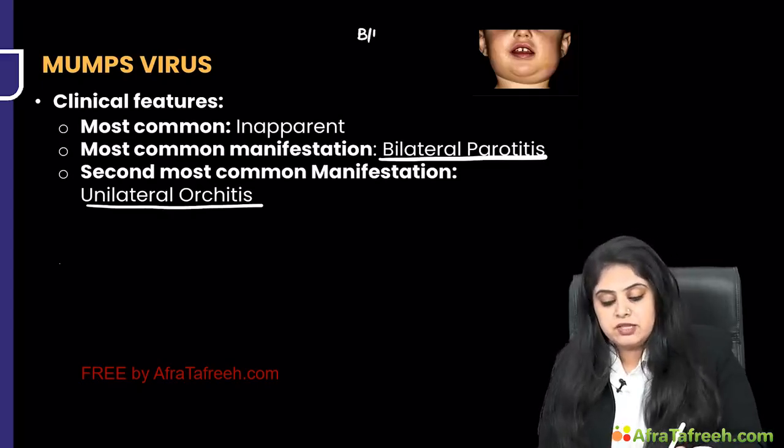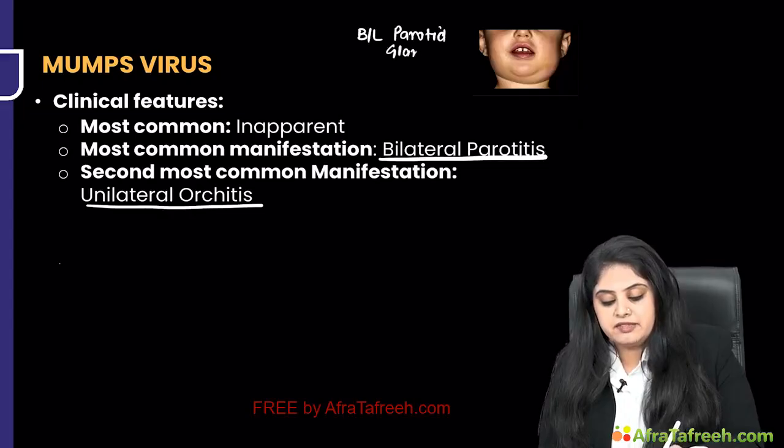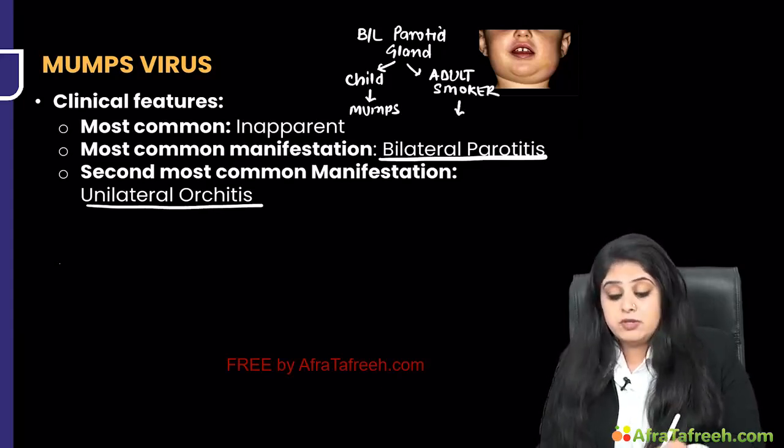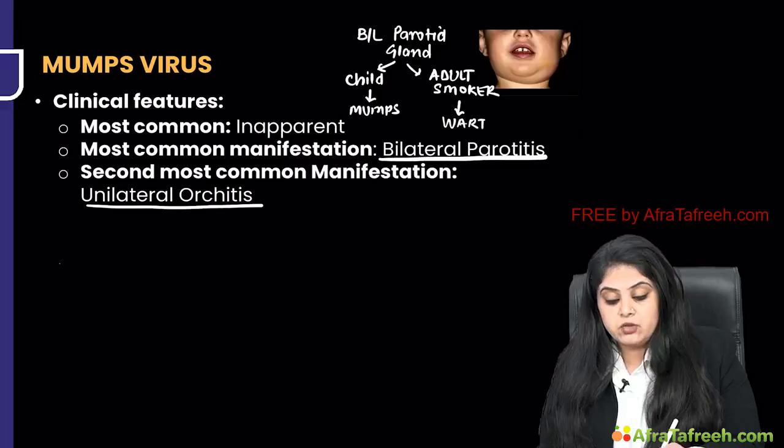Imagine if there's a bilateral parotid gland involvement that is given in the exam and you are given a child, what is the infection that you will think of? You will always think of mumps. But if you've been given an adult and that adult is a smoker, then what is the infection that you are going to think of? Maybe not an infection, but a tumor, and that tumor in surgery is known as the Warthin's tumor.